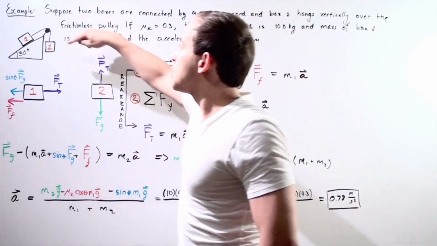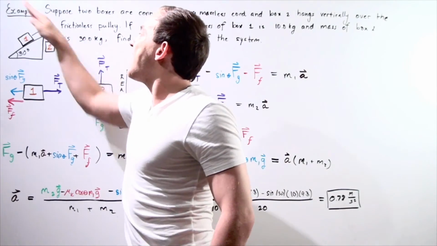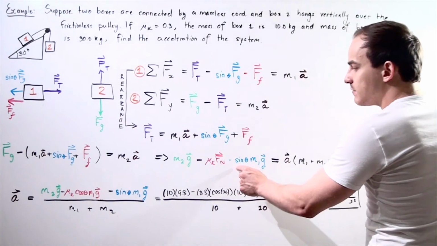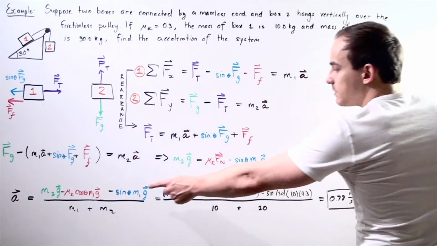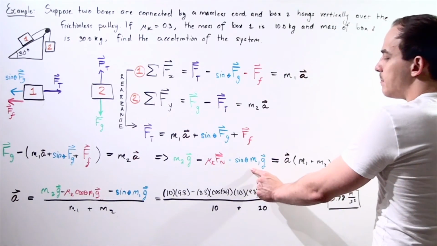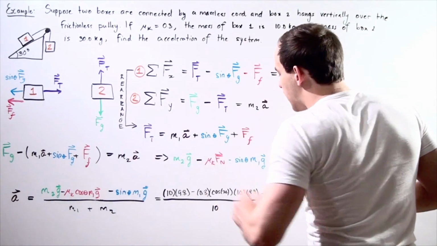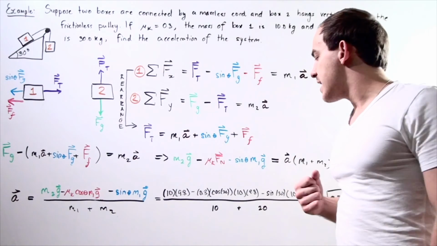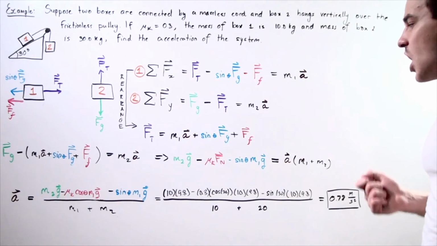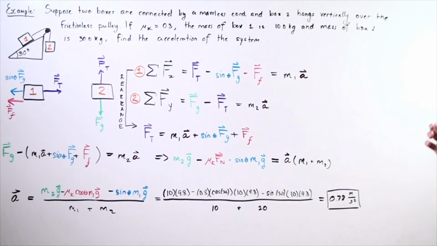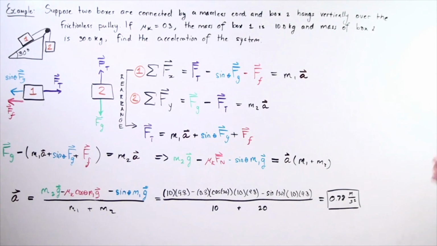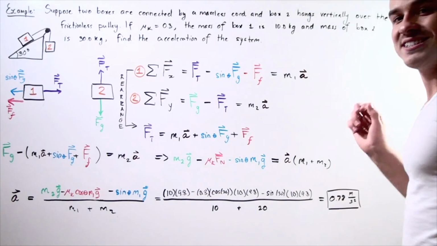It's because our normal force is at an angle. And then we subtract sine of the angle theta multiplied by mass of object 1 multiplied by g. Divide that whole thing by mass 1 plus mass 2. So we plug in everything we know and we get that our acceleration for both objects, for our system, is 0.78 meters per second squared.